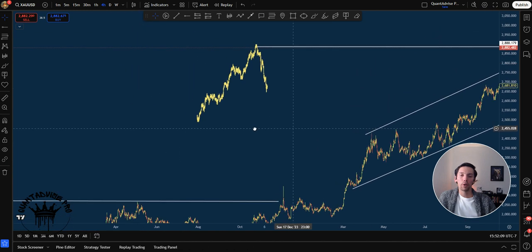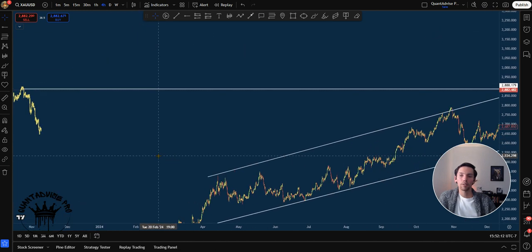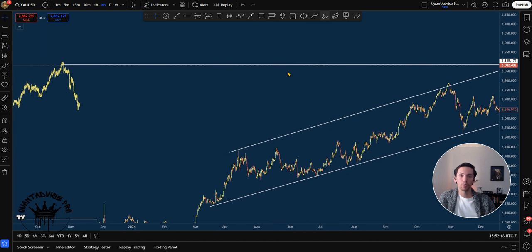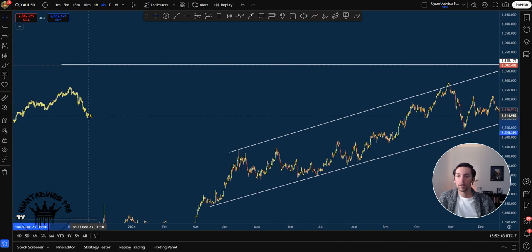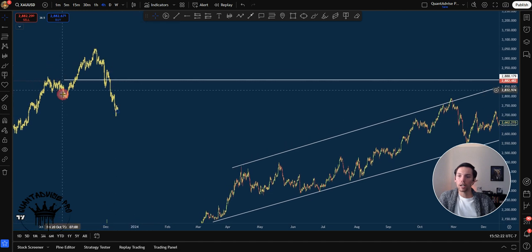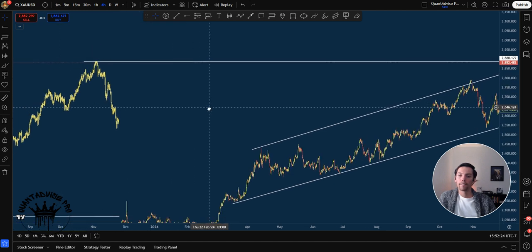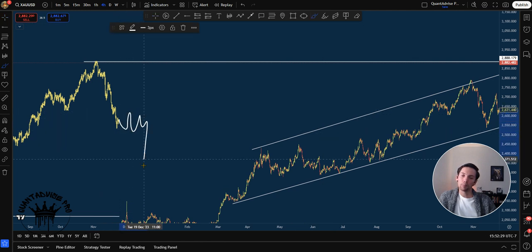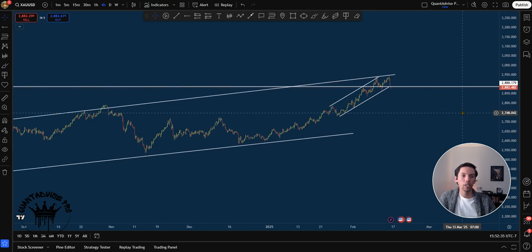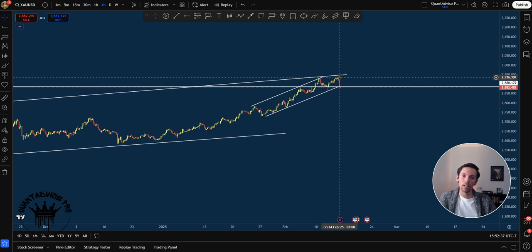Now, if we had price action like this on the top side where we got this steep rejection and price continued downwards for a much longer period of time, and this is just an example, and now we're getting this channel all the way back up top to where we're just barely breaking above this last high.